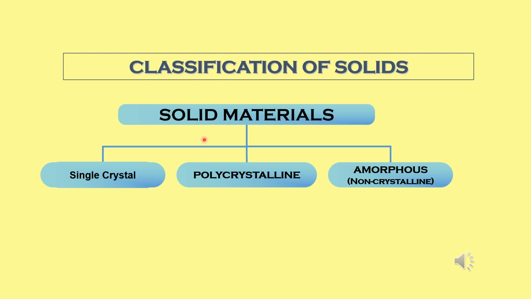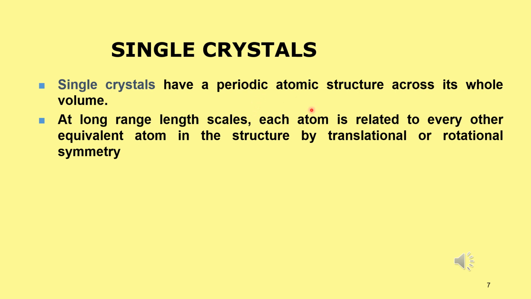So solid materials may be single crystal, polycrystal, or they may be amorphous or non-crystalline. Single crystals have a periodic arrangement or periodic structure across the whole volume or up to very large distances, and every equivalent atom can be related to the other atoms by translation or rotational symmetry.